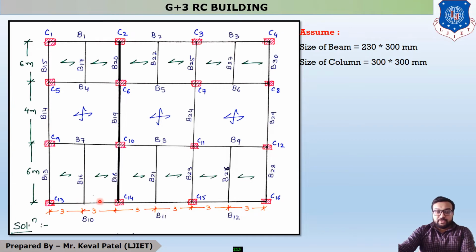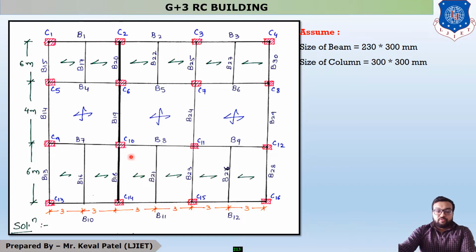So, from 3 meter, 1.5 meters of load is going to beam B16 and 1.5 meters of load is going to beam B18. And similarly, from the right side slab, half of the load is going to beam B18 and half of the load is going to beam B20.